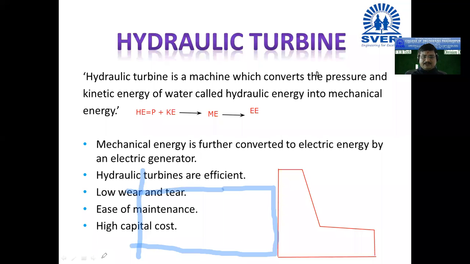Okay, so when you are going to decide that yes we are going to construct a dam, means you should be ready with a lot of money and you will have to satisfy all the people who will be affected due to this construction of the dam, and in that process a lot of money has to be paid. Okay, and that's why such kind of hydraulic turbine power plant or such hydraulic turbine site will cost very very high. Have you understood it?